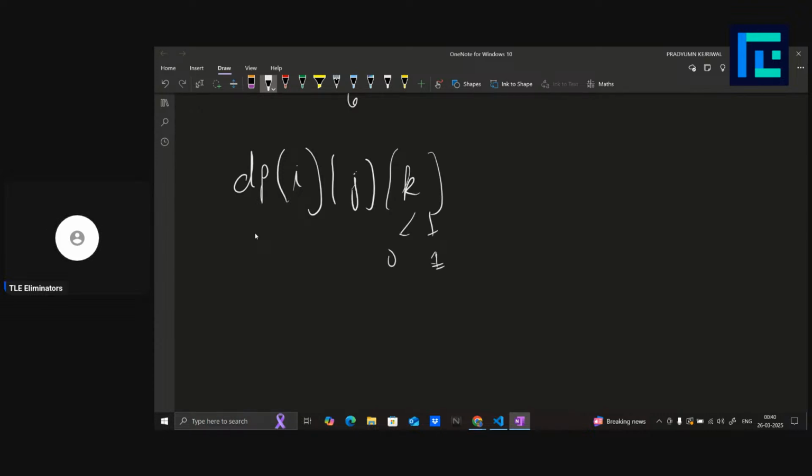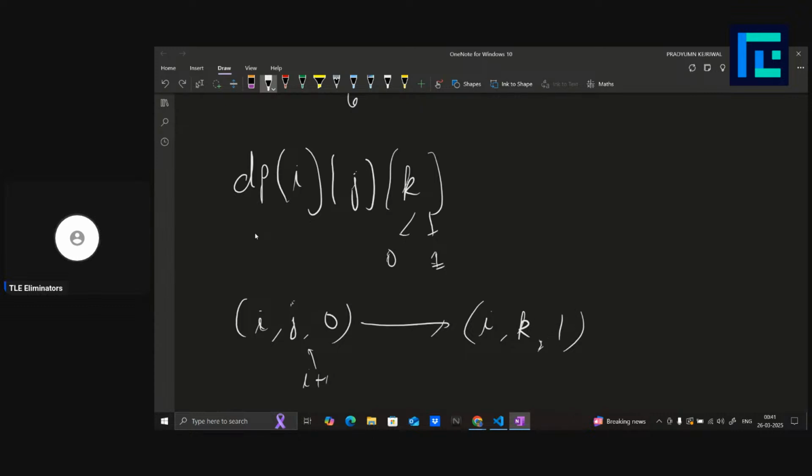So dp of i comma j comma 0 means that I have reached i comma j from somewhere at the bottom, from the i plus 1th row. Or basically, I am able to move parallelly to i comma k, but now I'll move to i comma k comma 1, because I have already moved once.